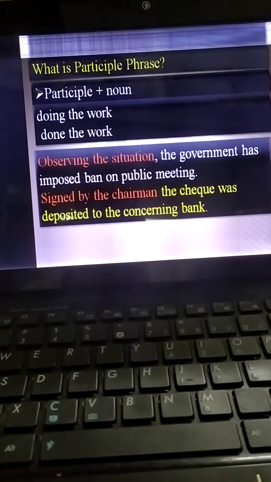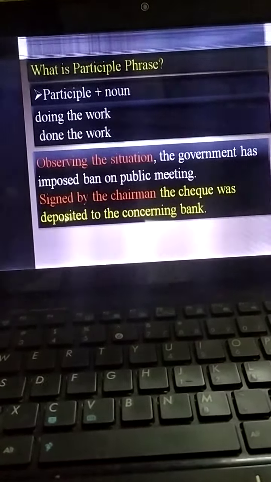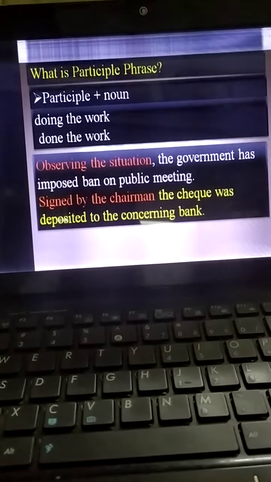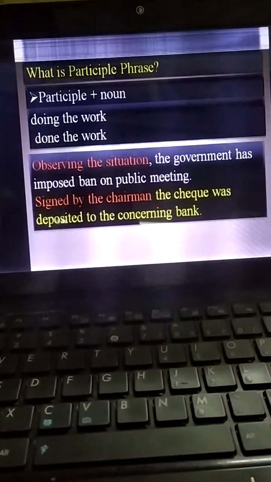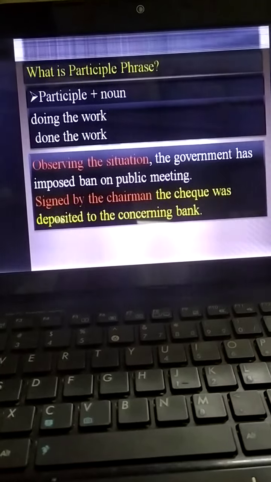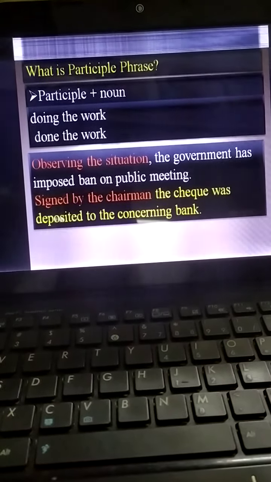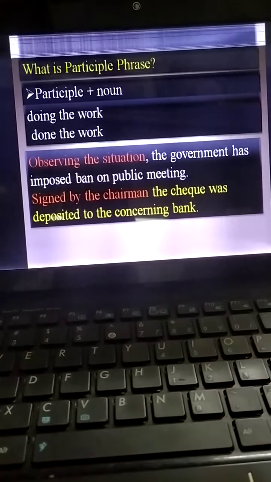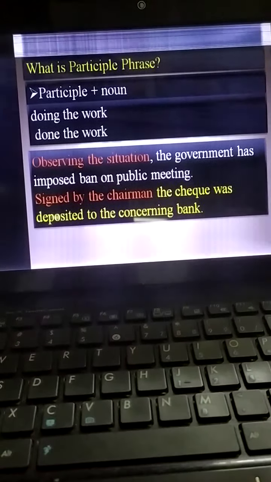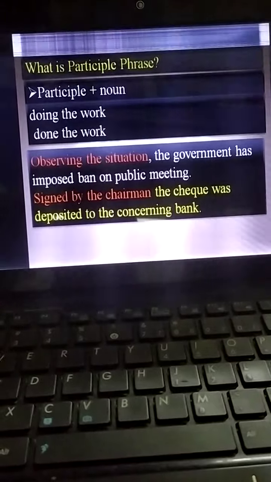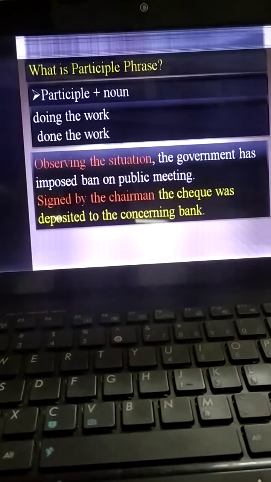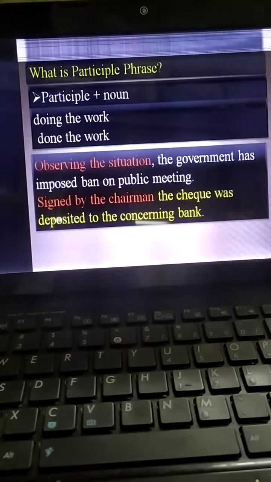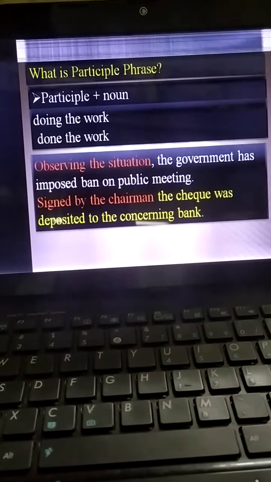Now the example again in complete sentences. Observing the situation, the government has imposed ban on public meeting. Observing the situation. Observing present participle, the situation noun. Therefore, observing the situation, this is present participle phrase.